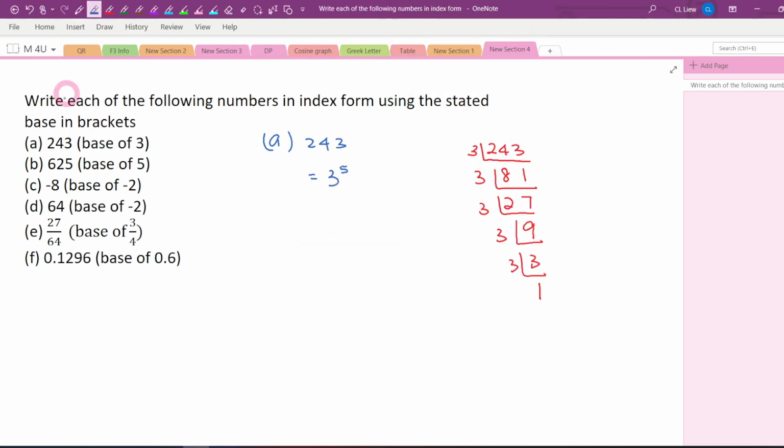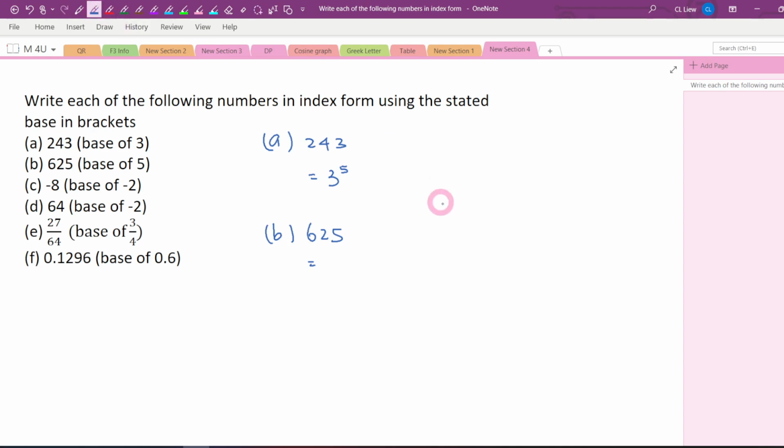Okay, now how about B? 625. We want to write in index form or index notation using the base of 5. Since I want to use the base of 5, what I should do is take the 625, keep on dividing this 625 by 5. If the number is a little bit big, hard for you to calculate mentally, you can actually use a calculator to calculate, or you can do it this way.